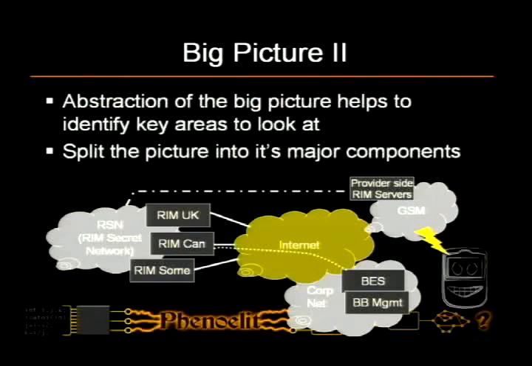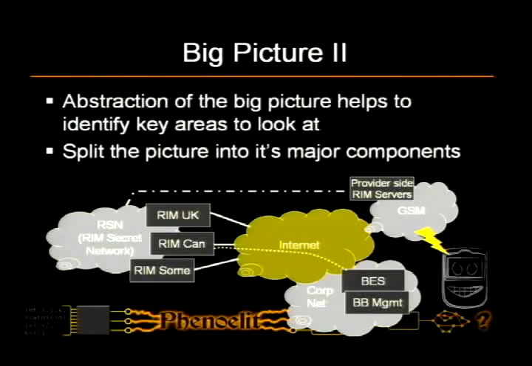The first thing you should do is get an abstract big picture. Figure out what the core components we're interested in are, which in this case, we have the BlackBerry GSM network, in my case.